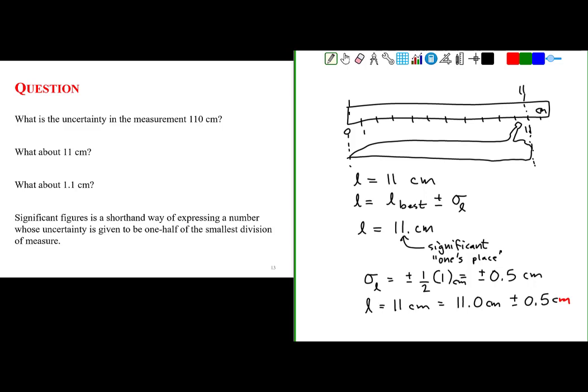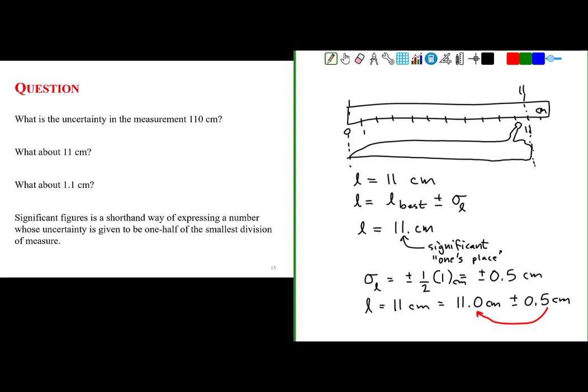Notice that the decimal of the uncertainty fixes the decimal of our best estimate, because since the uncertainty is 0.5 centimeters, this is communicating that we were able to successfully measure the length of that banana slug to the nearest half a centimeter.